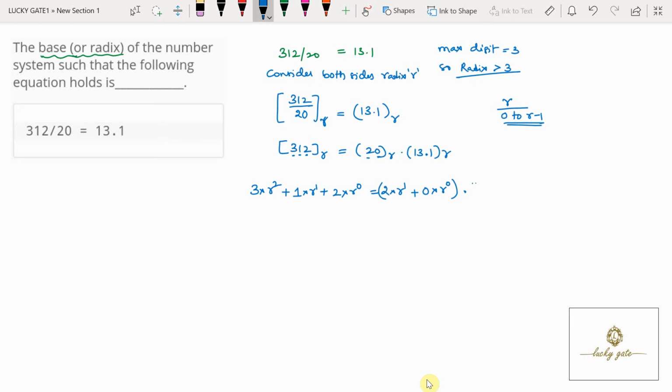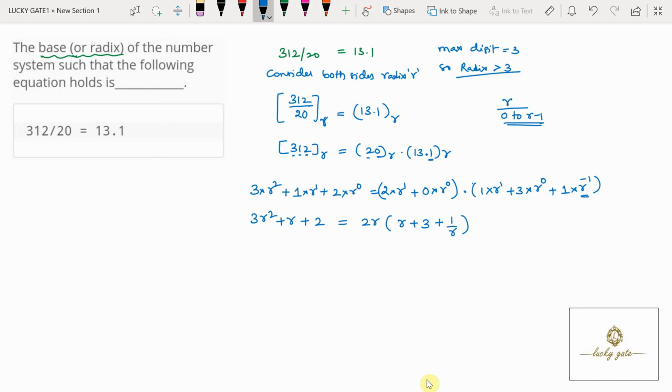This 13.1 you can represent as 1 into r power 1 plus 3 into r power 0 plus 0.1, and 0.1 is represented as 1 into r power minus 1. Now go for simplification: 3r square plus r plus 2 equals 2r into, because 0 into r power 0 is 0 only, r plus 3 plus r power minus 1, which you write as 1 by r.